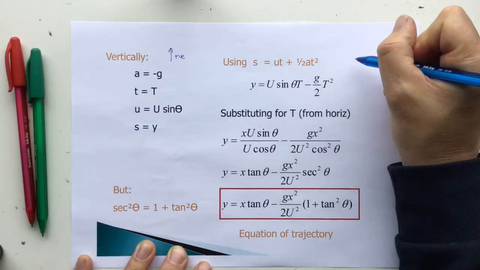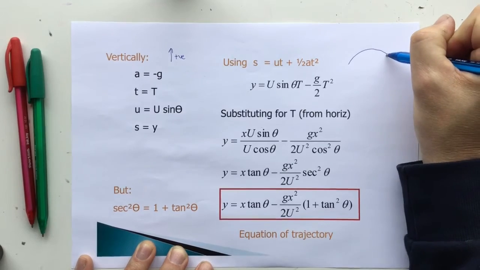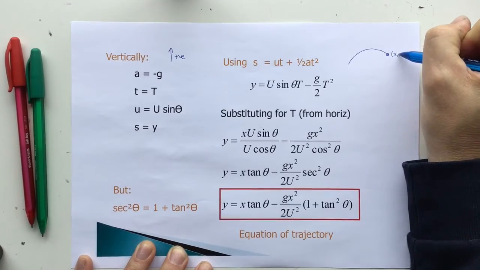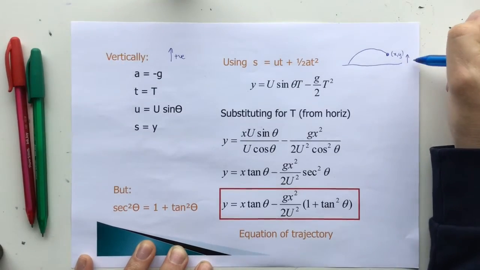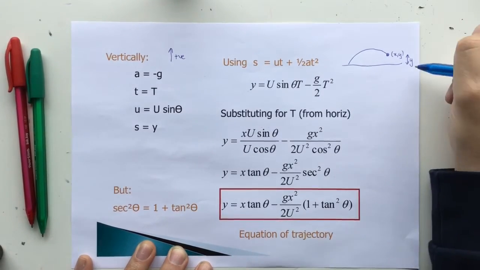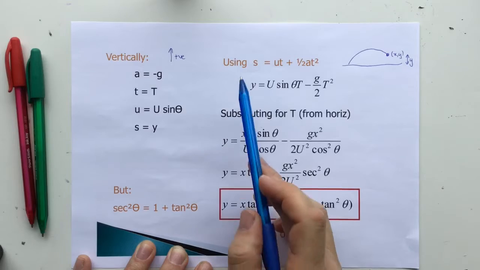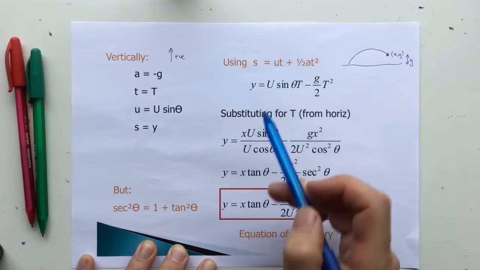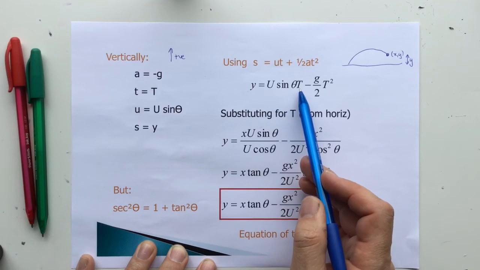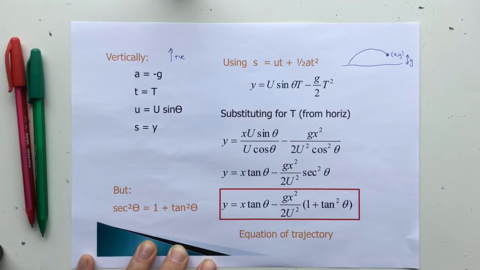Because of the way that we had treated this as the point x, y, when we're looking vertically, that distance there is just y. So when we use s equals ut plus a half at squared, y is equal to u sine theta t minus g over 2 t squared.